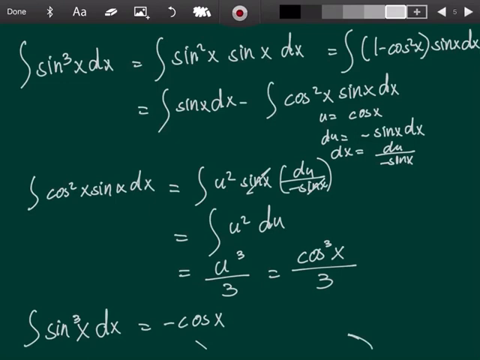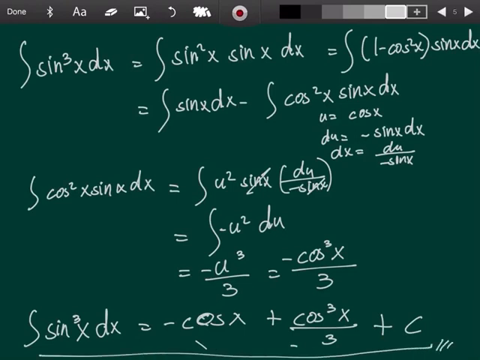Then the second part is negative as well, so negative times negative is positive. The integral of sine cubed x dx is negative cosine x plus cosine cubed x over 3 plus c. That is our final answer.